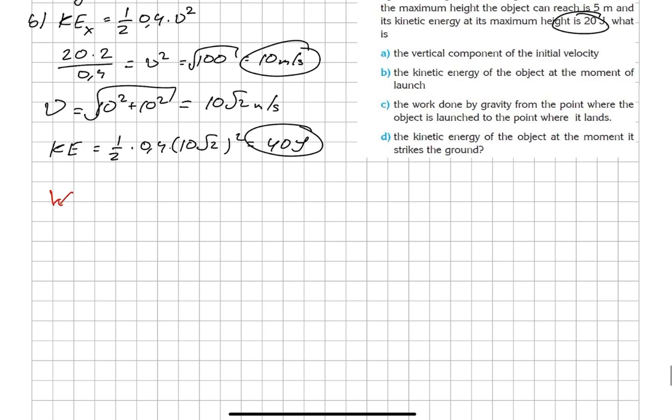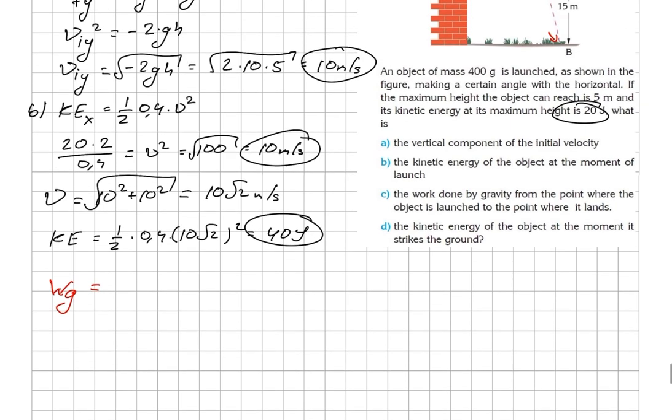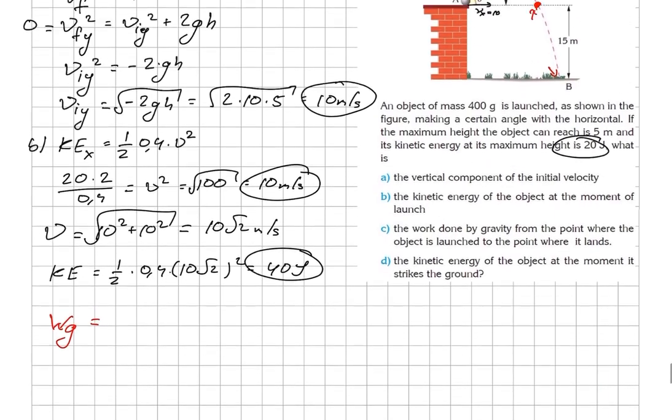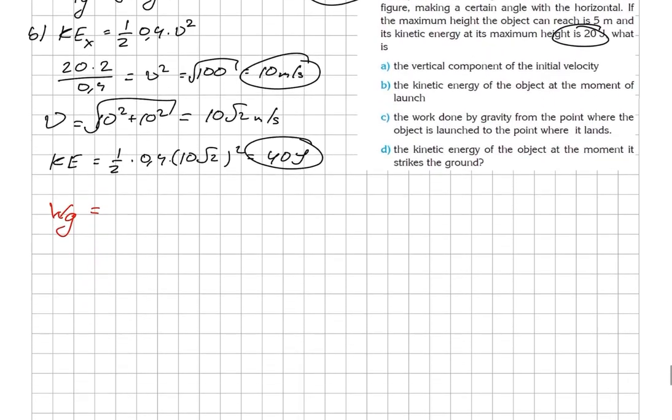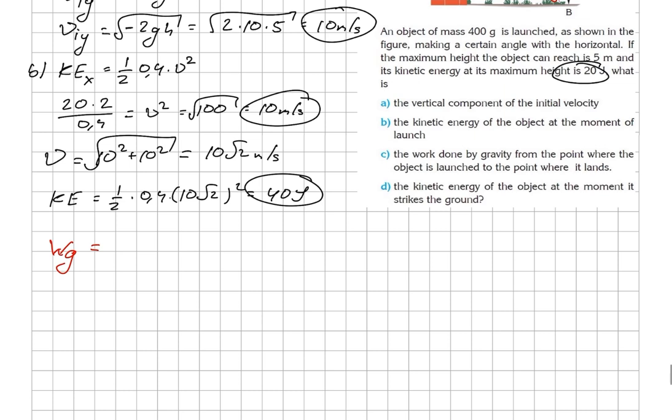We can use delta PE also. The work done by gravity will be negative delta PE, which is potential energy final minus potential energy initial.